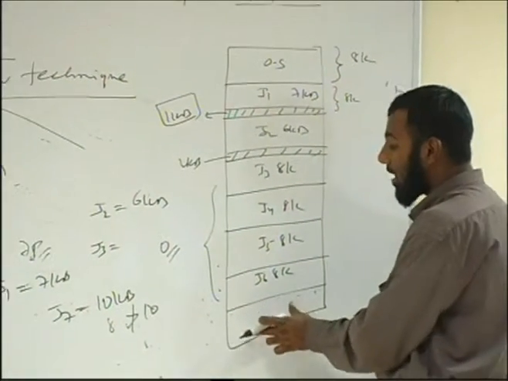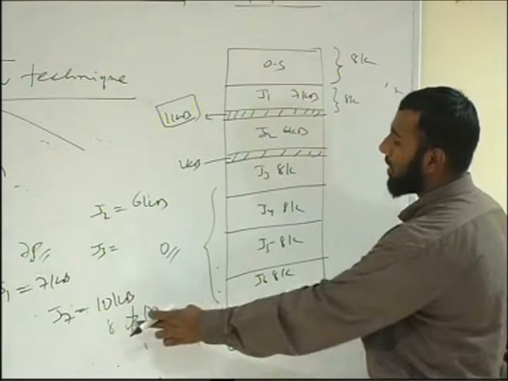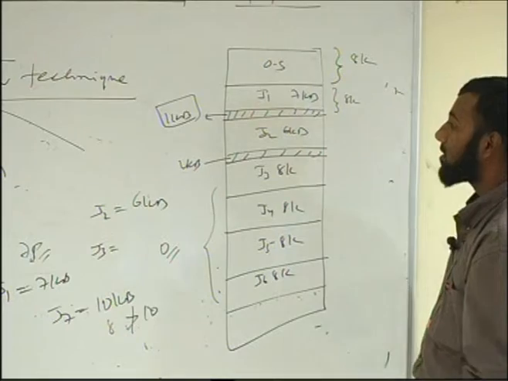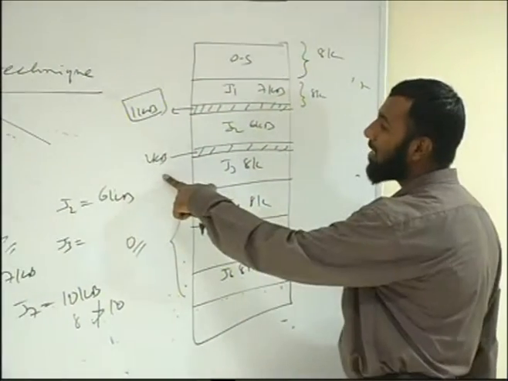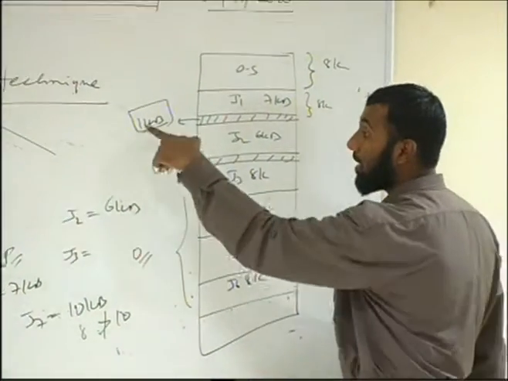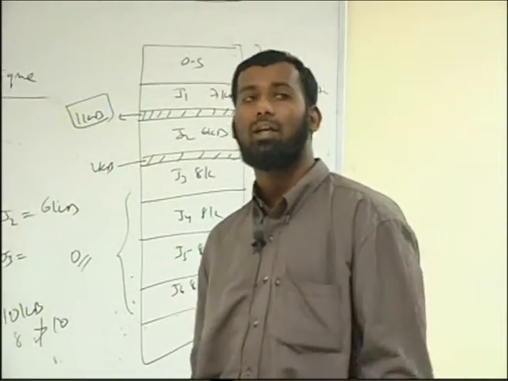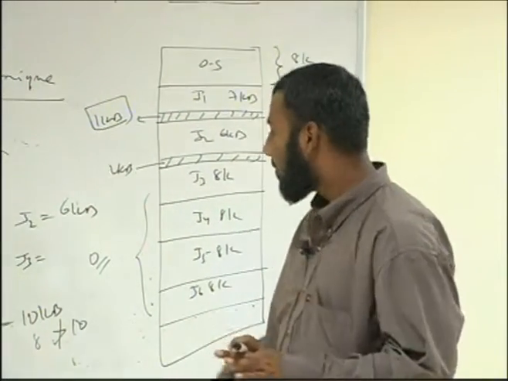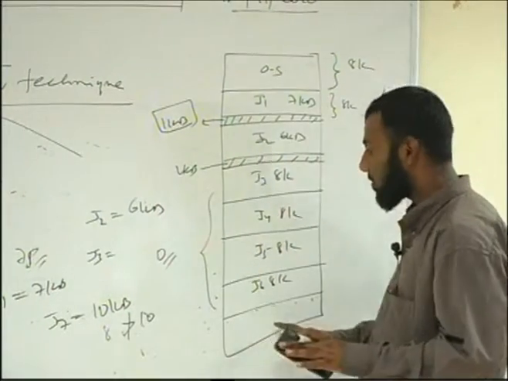Now this entire partition is wasted. The total memory available is 8 kilobytes here, 2 kilobytes here, 1 kilobyte here, which is 11 kilobytes, but the job whose size is 10 kilobytes is not allowed to enter.